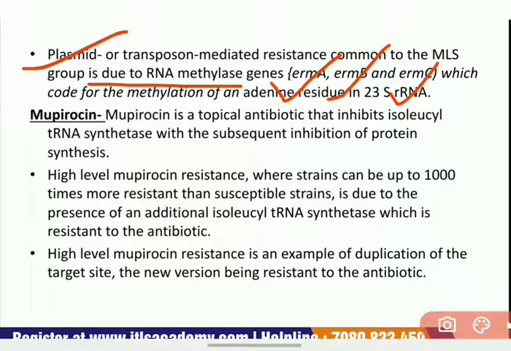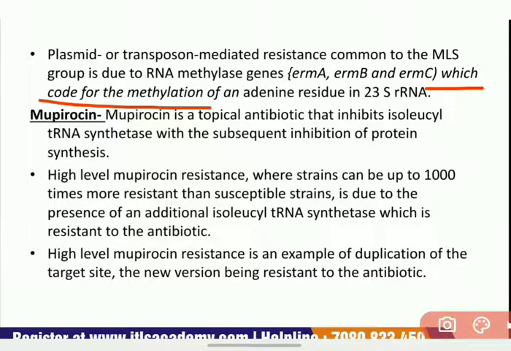These are RNA methylase genes which code for the methylation of an adenine residue in 23S rRNA. Methylation prevents the drug from binding to the 50S ribosomal subunit and confers resistance to all MLS antibiotics.